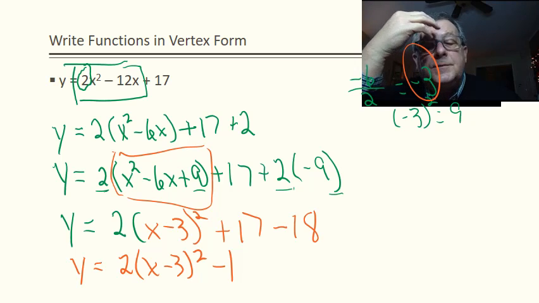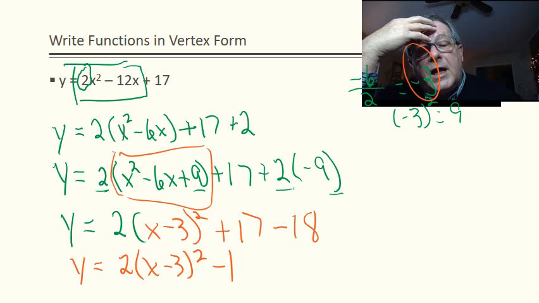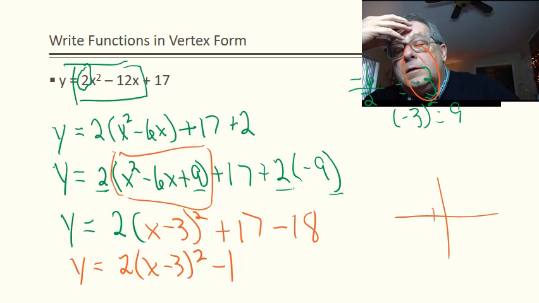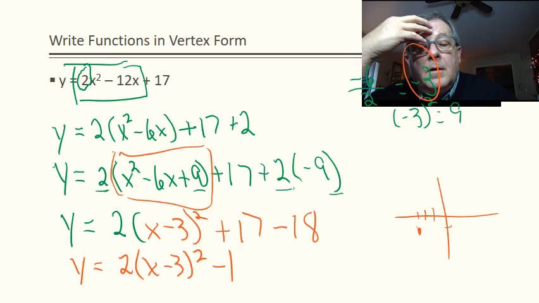What does this tell us? Well, my vertex is going to be at x equals 3, y equals negative 1. Let's see, 1, 2, 3, negative 1. So I've got a vertex right here, and x equals 3 is going to be my axis of symmetry.